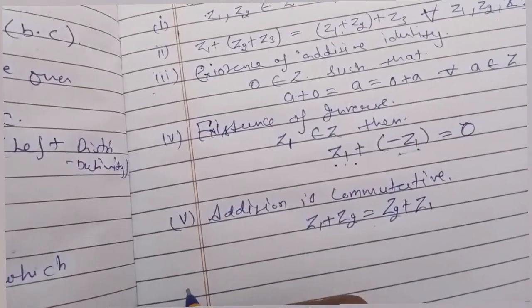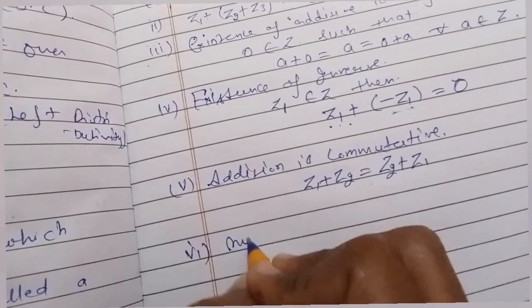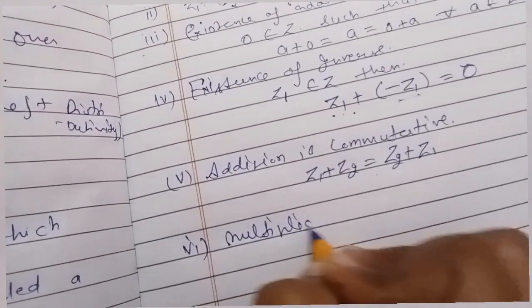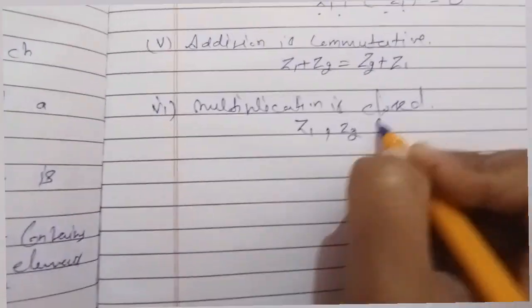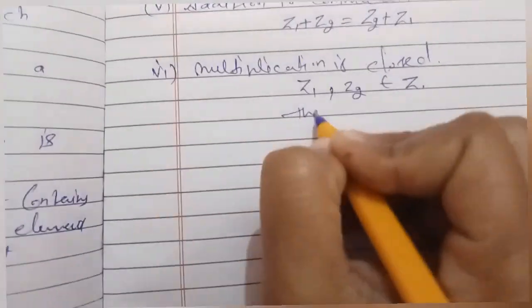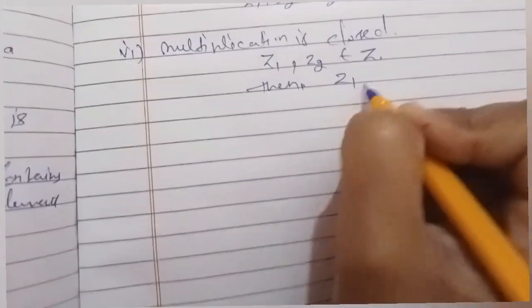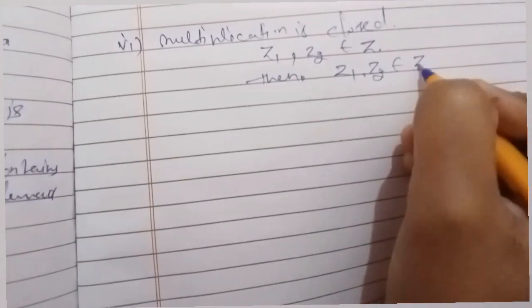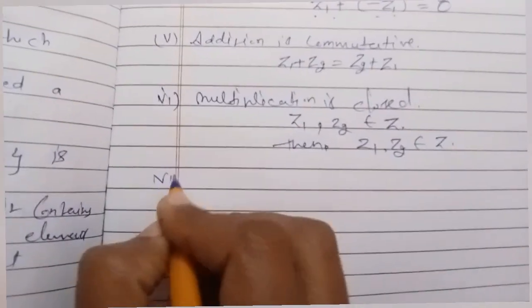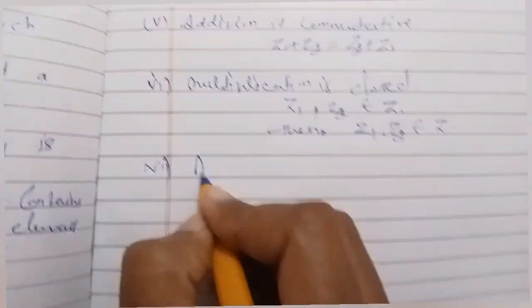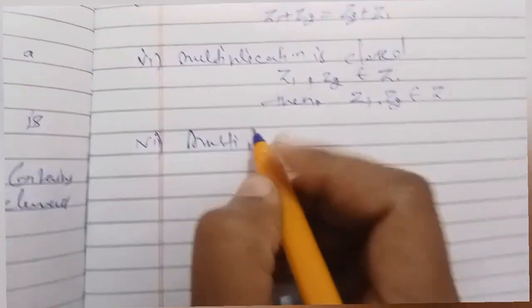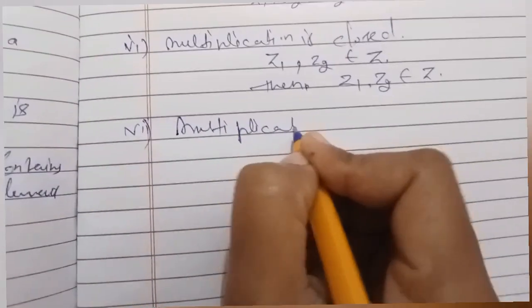Now the sixth property is multiplication is closed. Yes, if we take any integers z1 and z2 belonging to Z, then z1 dot z2 is belonging to Z. The seventh property is multiplication is associative.